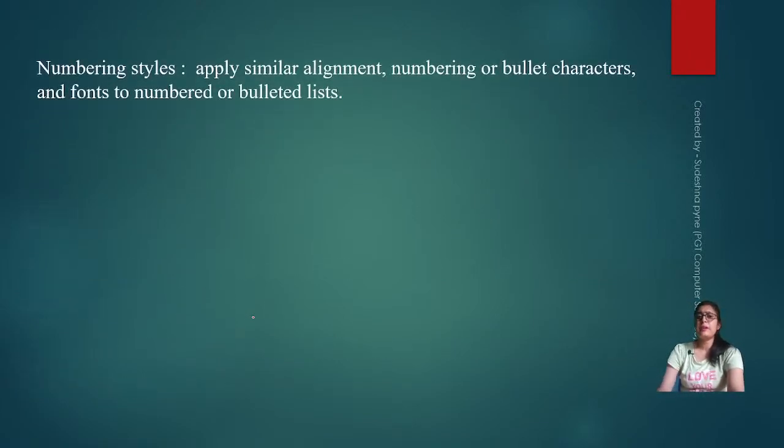Next is numbering style. Suppose you are writing a list, or you are using a list kind of thing, where you have to apply some numbers. So apply similar alignment, numbering or bullets. Bullet is an unnumbered list. I can give here a bullet, this can be a bullet, a square shape or a round shape.